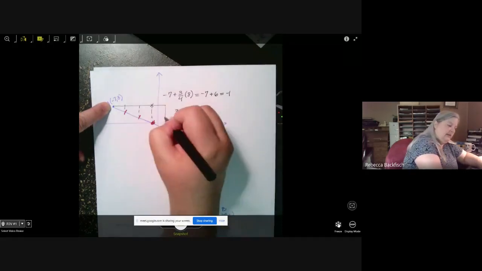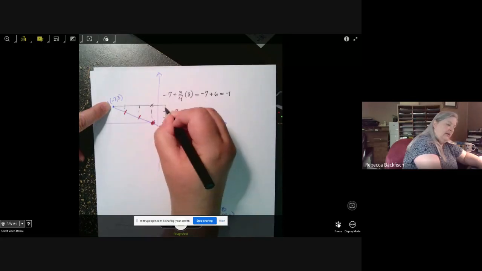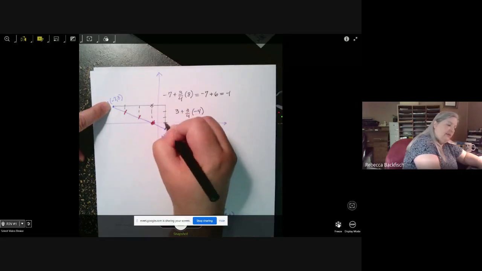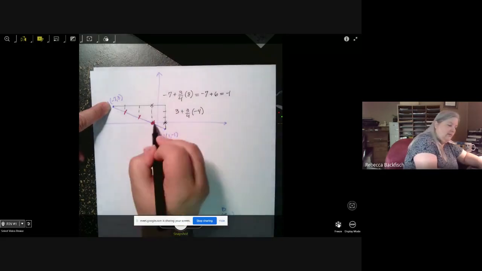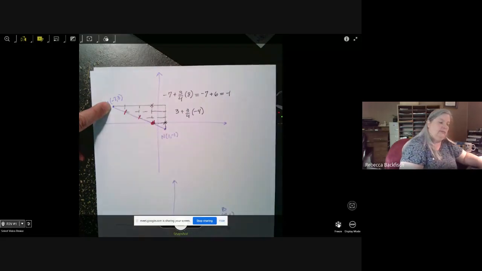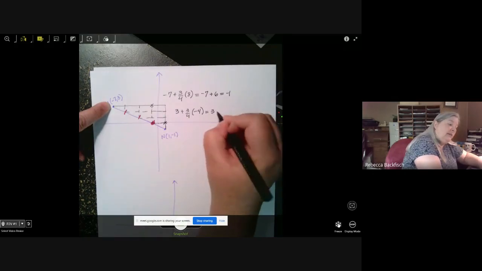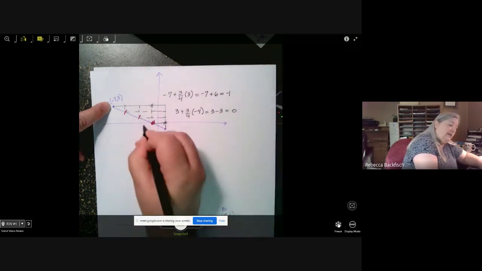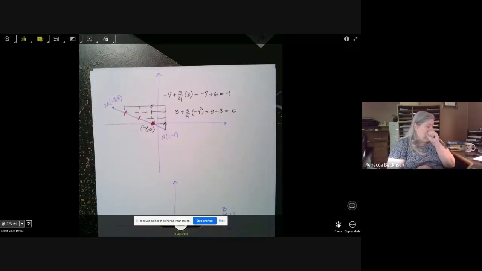Okay, so that's like I'm saying I'm going down 3 out of the 4 pieces in terms of Y. Okay, so 3 plus 3/4 of -4 is 3 minus 3, which is 0, and my point is -1, 0. Excuse me. Questions on that one before we do the next one?